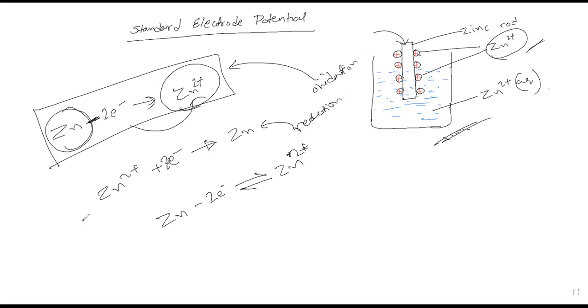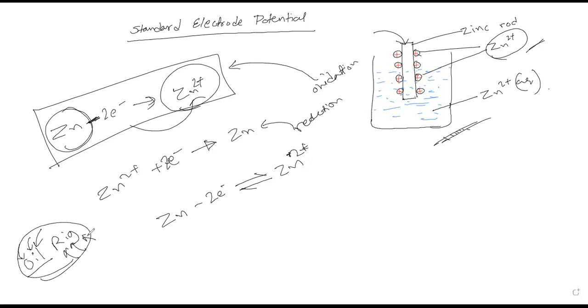Now there is a short form we can remember. Usually the barrels or containers which hold oil are known as what? Oil rig, isn't it? Oil rig. Now OIL RIG is the short form of oxidation and reduction. How? OIL means oxidation is loss of electron, and RIG means reduction is gain of electron.